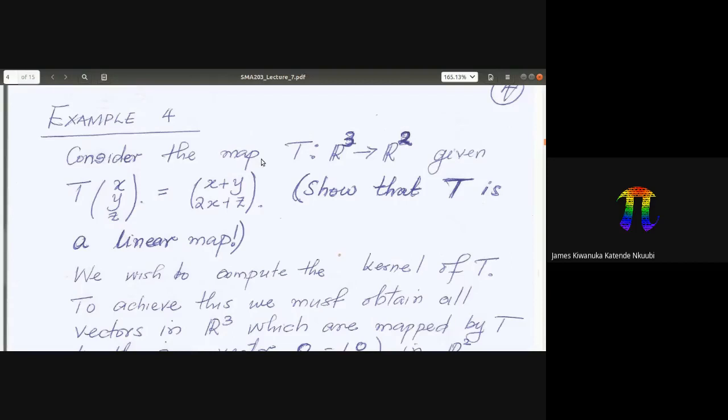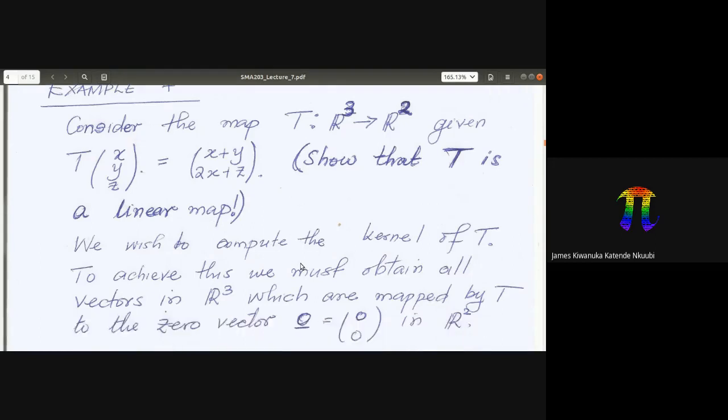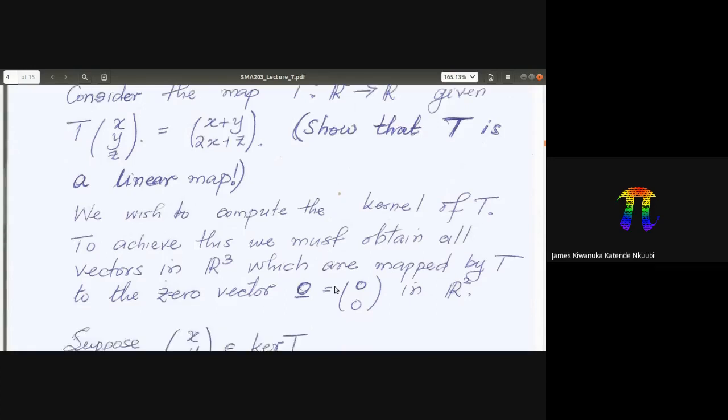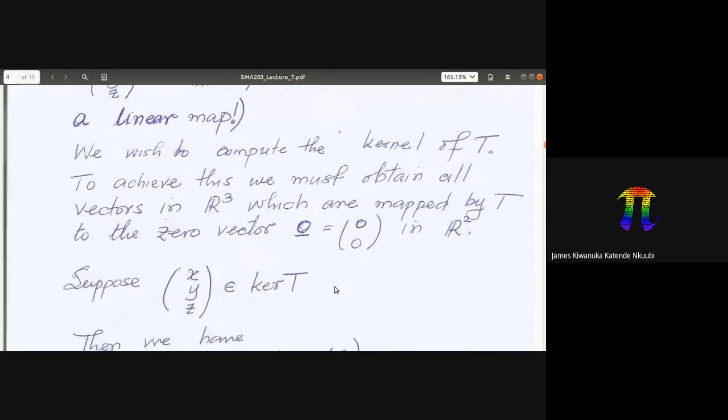So here, let's consider a map from R3 to R2 given by this. Again, this is a linear map, and you need to show that it's a linear map in your own time. So if we want to compute the kernel of this map, we need to find all vectors in R3 which are mapped onto the 0 vector in R2.